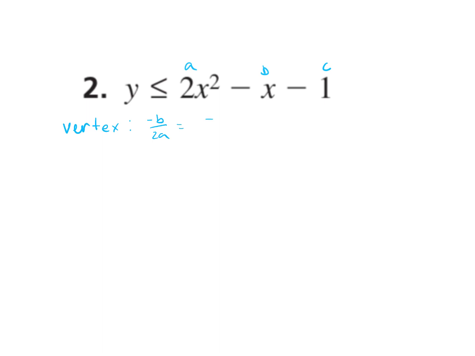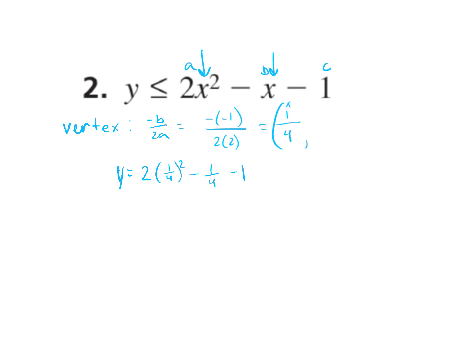So this would be negative 1 over 2 times 2, which turns into positive 1 over 4. It's a fraction, but that's fine. This is our x. We have to plug that in to find our y. So I'm plugging it in into the x's. So y is equal to 2 times 1 over 4 squared minus 1/4 minus 1.